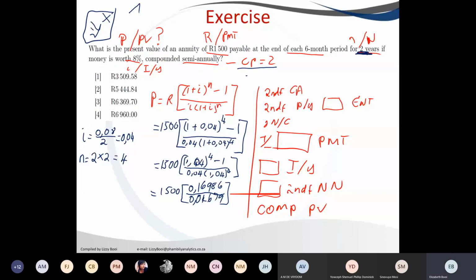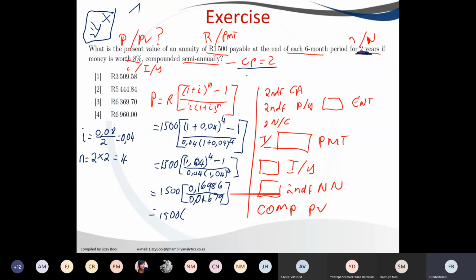Then 0.16986 divided by 0.04679 equals 3.63.